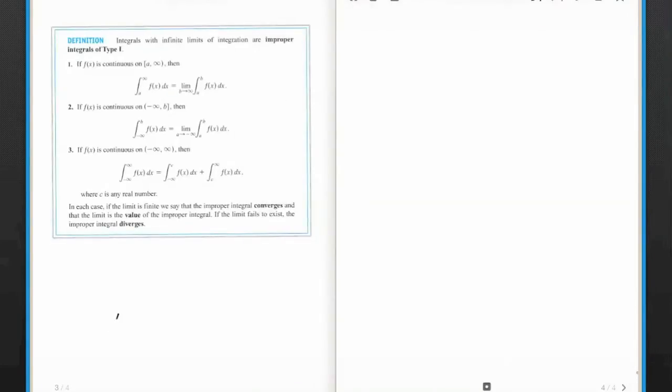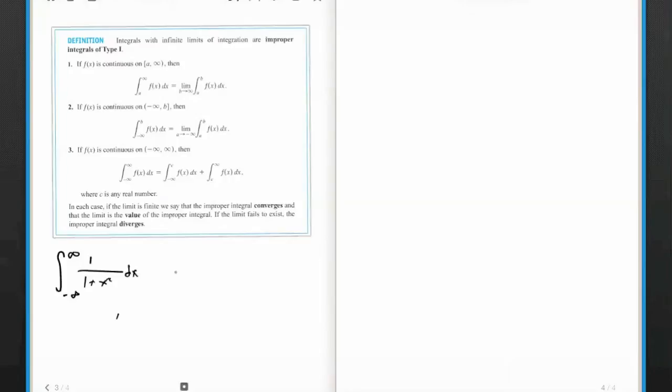Next up, let's take a look at another kind of what I think is a pretty cool one. Let's say I've got the integral, but now I'm going to go, like I just did, all the way from negative infinity to infinity of 1 over 1 plus x squared dx.